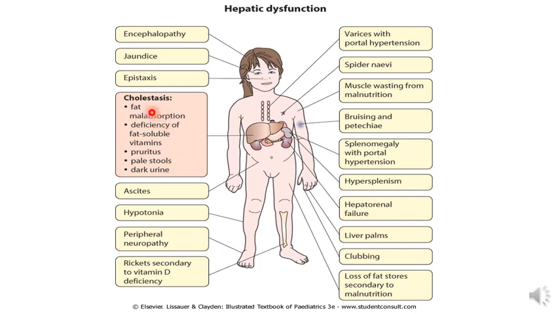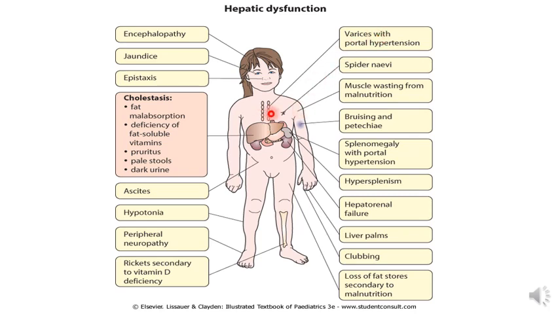Cholestasis leads to fat malabsorption, deficiency of fat-soluble vitamins, pruritus, retention of bile salt, pale stool, and dark urine. There may be ascites, hypotonia, muscle weakness, peripheral neuropathy, deficiency of vitamins B6, B12, and rickets secondary to vitamin D and calcium deficiency.